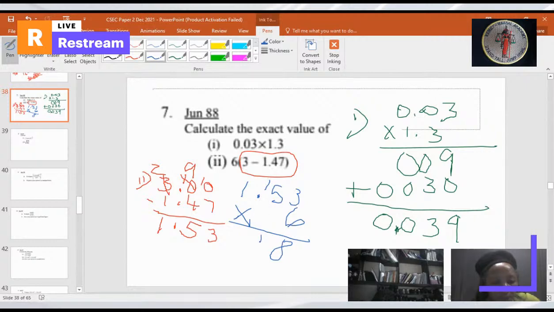So put down the 1, carry the 3. 6 ones is 6, plus 3, that's 9. So 9.18, because it's 2 decimal places and the 6 doesn't have any decimal place.